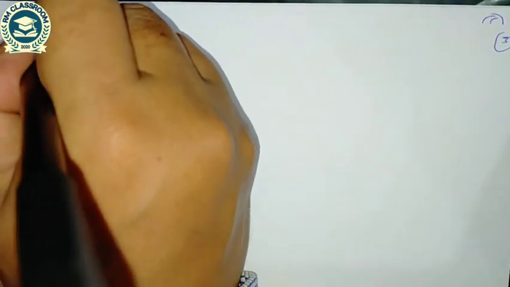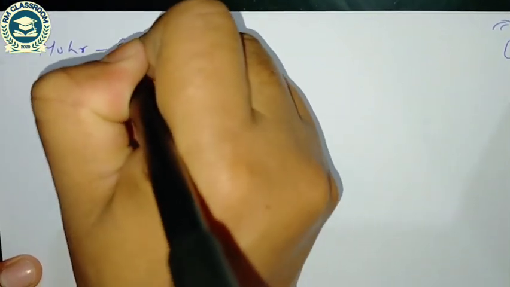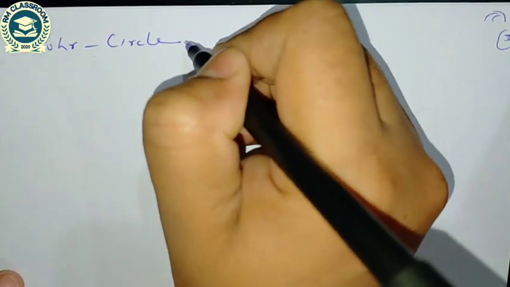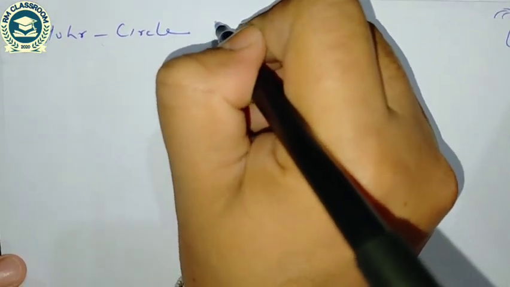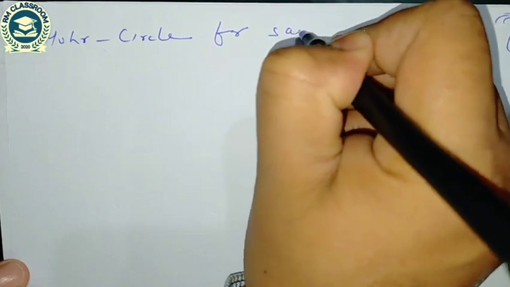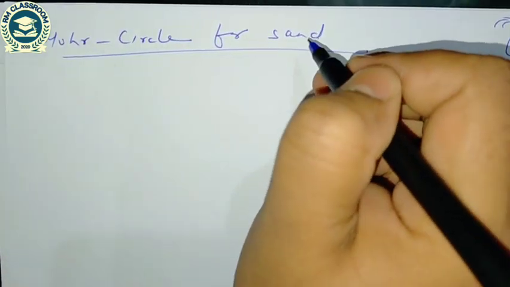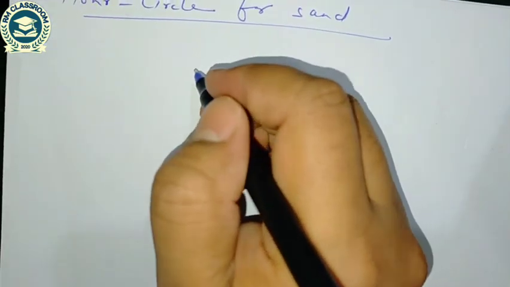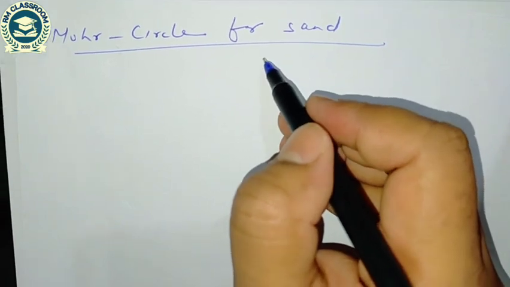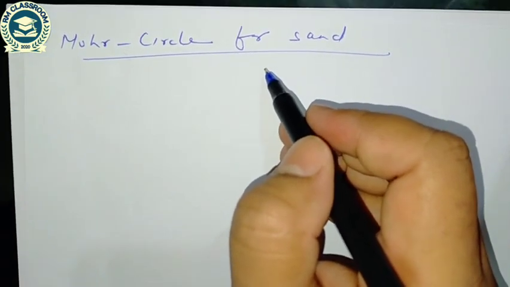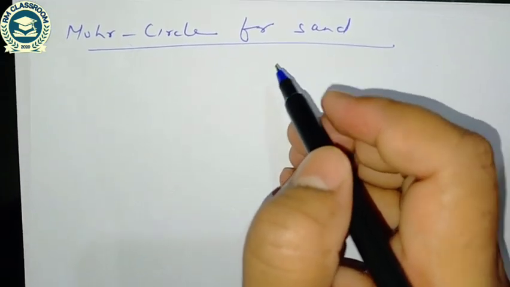So if I draw the Mohr circle, which I have already discussed in solid mechanics, for sand, we know for sand the value of cohesion is equal to 0, but angle of internal friction will exist.